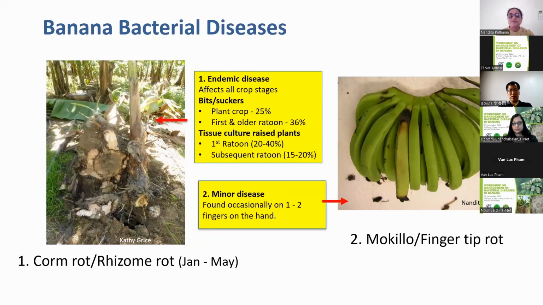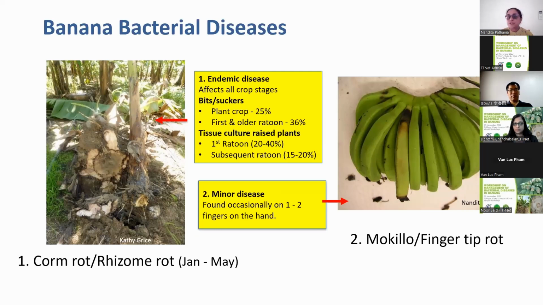Whereas in the case of tissue culture raised plants, the plant losses are mainly in the first ratoon, and it causes 20 to 40% losses to the banana plants. Generally, corm rot has been observed from January to May, when the environmental conditions are quite warm and humid, which is very congenial for development of the disease and increasing the load of the inoculum.